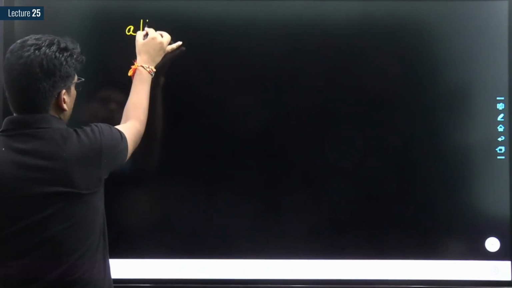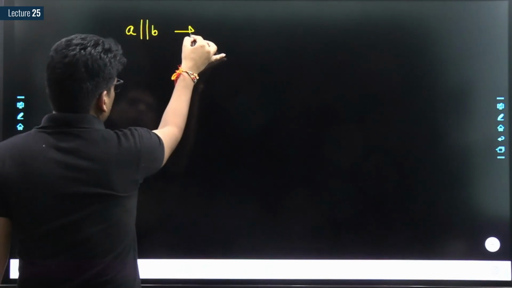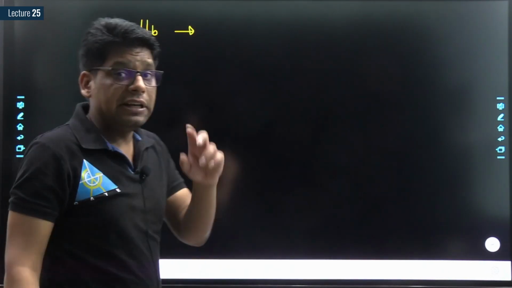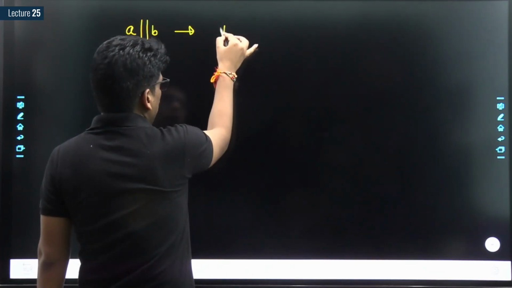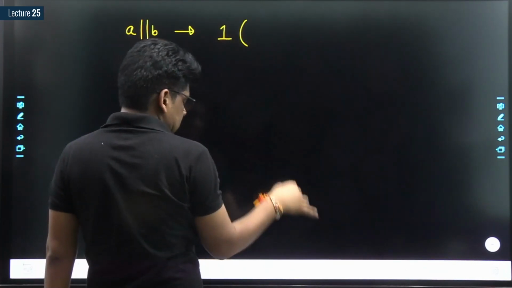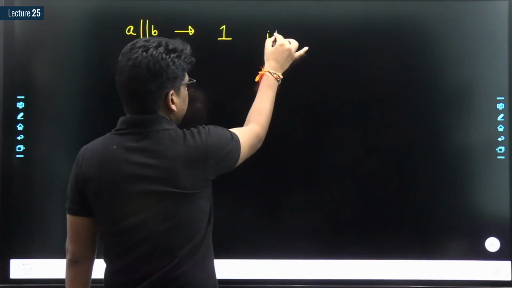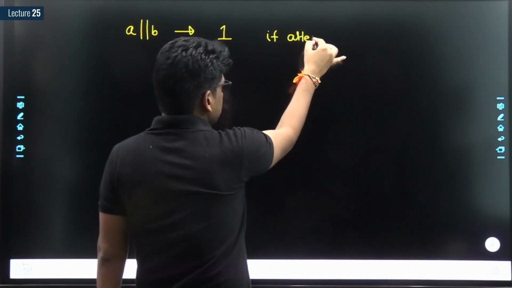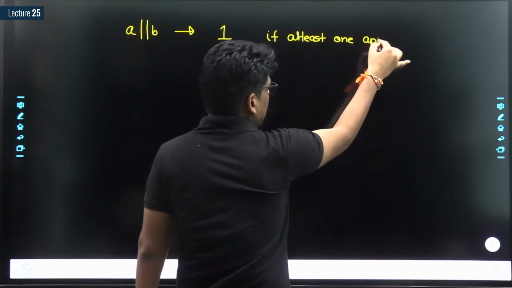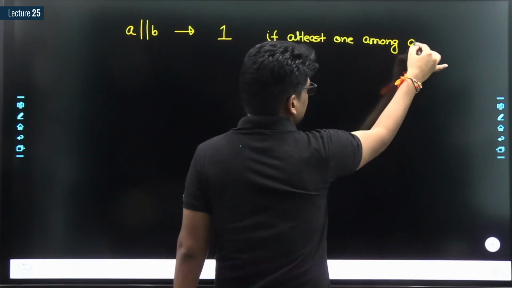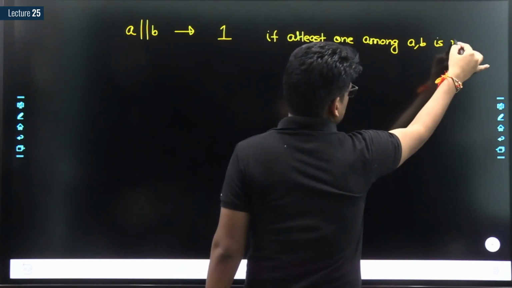How does the OR operator work? The OR operator says if at least one of them is non-zero, the result or output is 1. The result is 1 if at least one among A, B is non-zero.